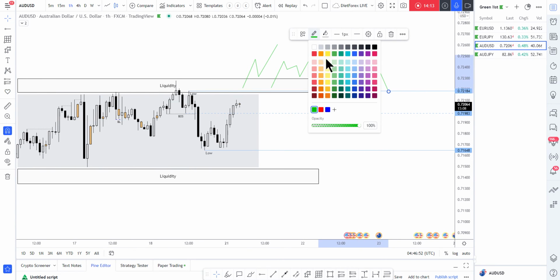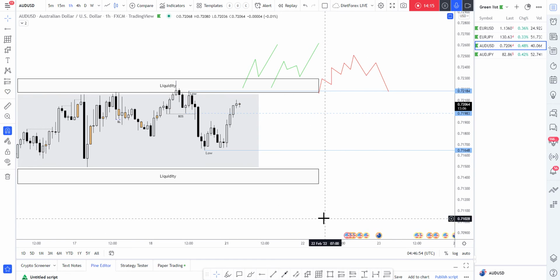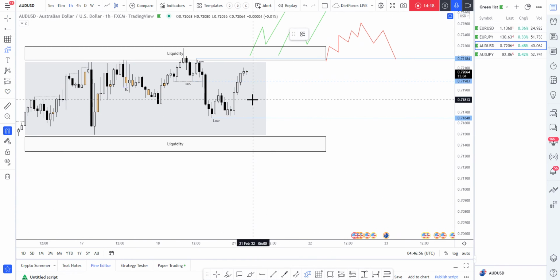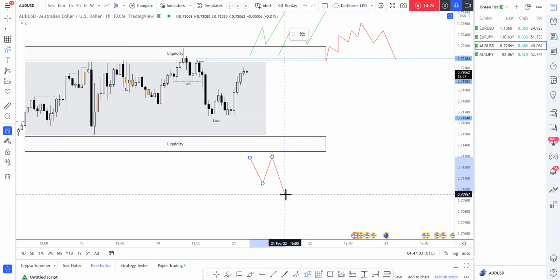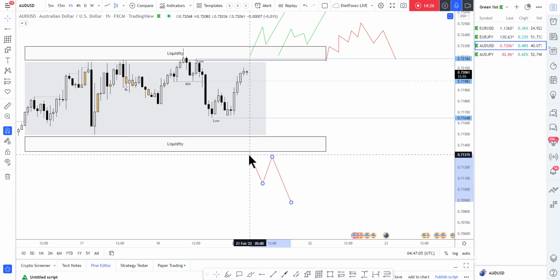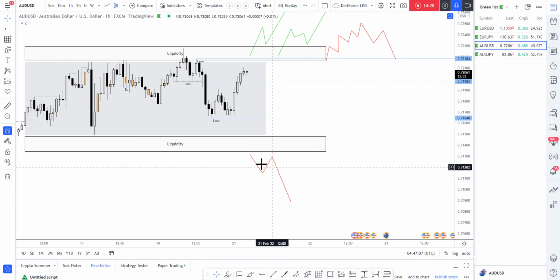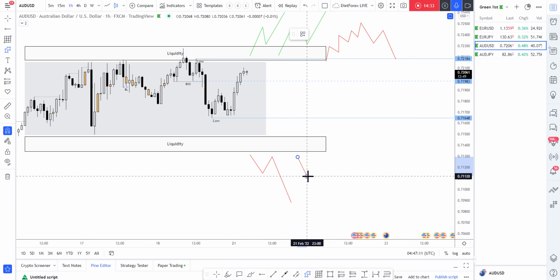So that would be a bearish move, right? And of course, because it's Monday, it could continue its range, and we could get this impulse break to the downside, and then I'll wait for a bullet or a retest.